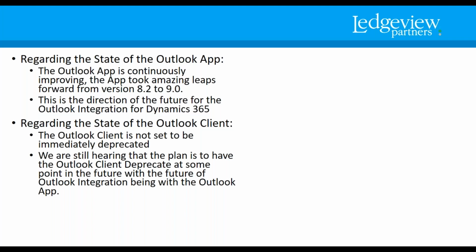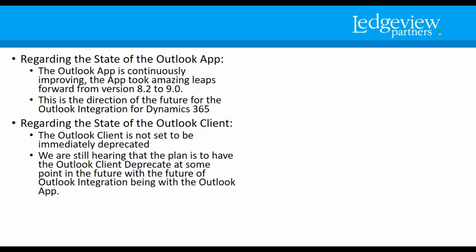is continuously improving. They took an amazing leap forward from version 8.2 to 9.0. When they made that upgrade, the Outlook app made a fantastic jump in terms of its abilities. Almost all the things that I showed you today are not available outside of the standard abilities to track and do the set regarding and items into Dynamics, which is a great tool.